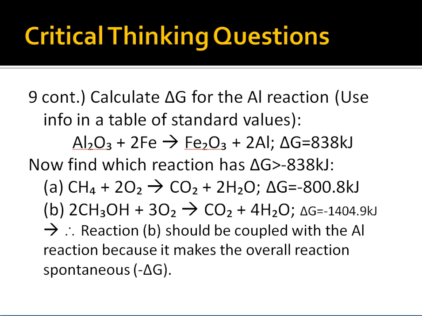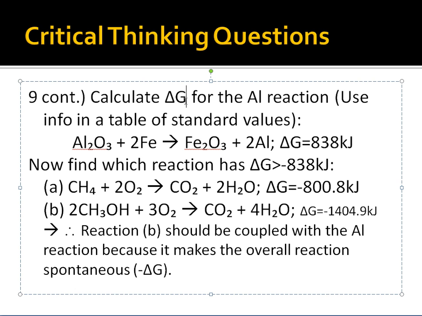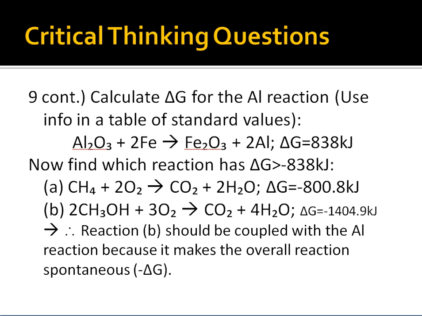So basically, if we go to this slide, we're calculating the change in G for the aluminum reaction. So basically, you want to use the info on the table of standard values that I had provided you with at the beginning of the tutorial.